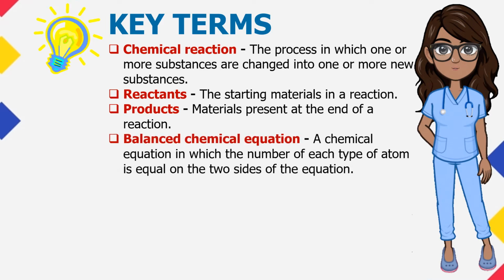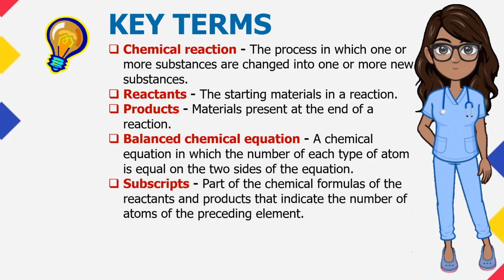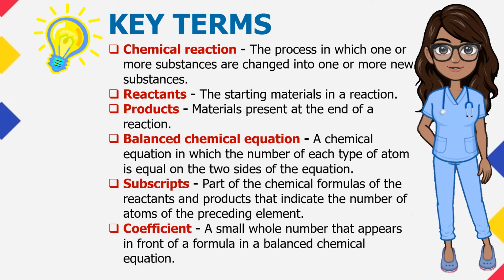Balanced chemical equation: a chemical equation in which the number of each type of atom is equal on the two sides of the equation. Subscripts are part of the chemical formulas of the reactants and products that indicate the number of atoms of the preceding element. Coefficient: a small whole number that appears in front of a formula in a balanced chemical equation.